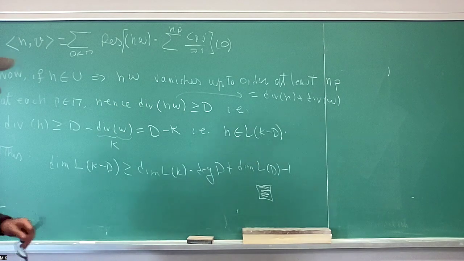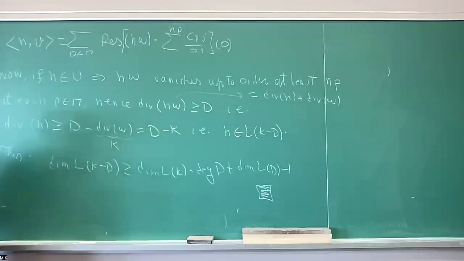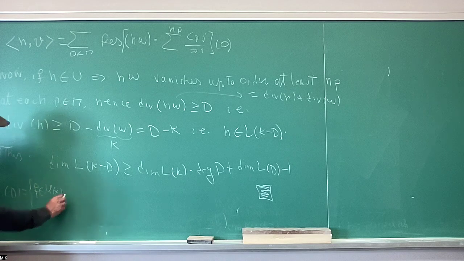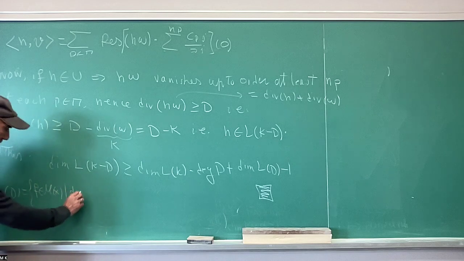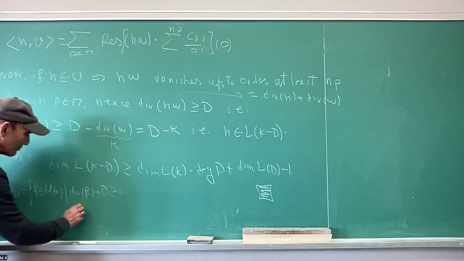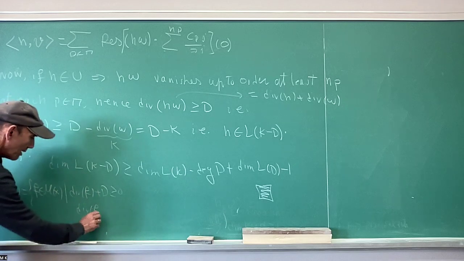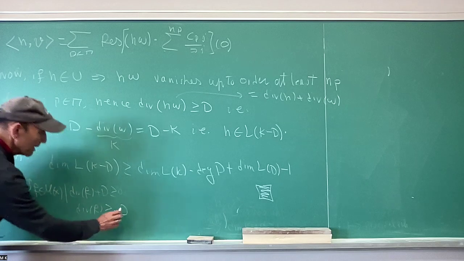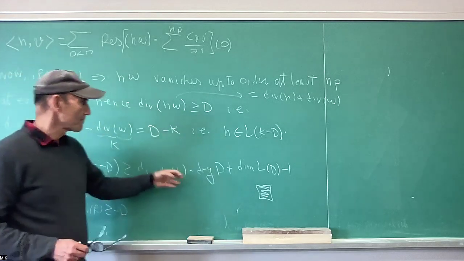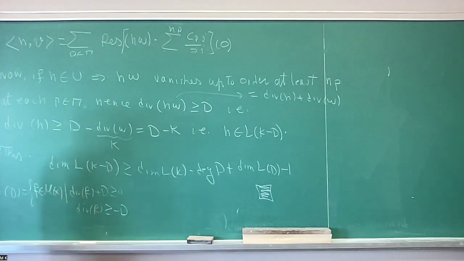But maybe your question is more about this. You see, L of D was the set of all F belonging to M of X such that divisor of F plus D is bigger than or equal to 0. So divisor of F is bigger than or equal to minus D. Could you define L of K minus D for us?